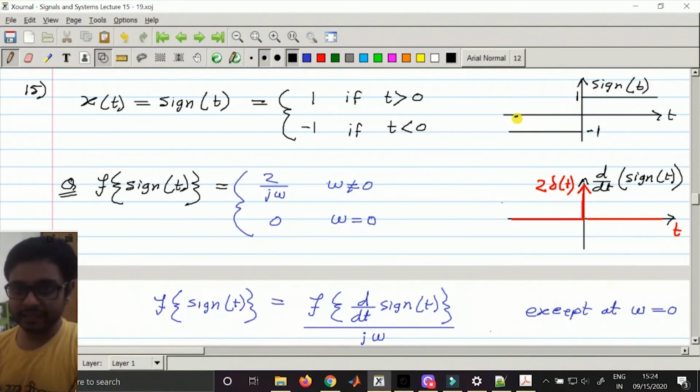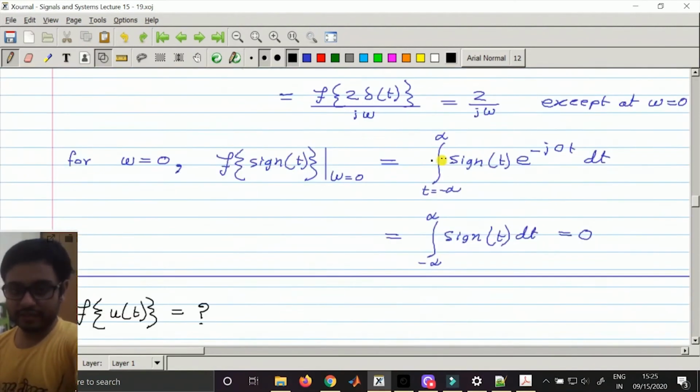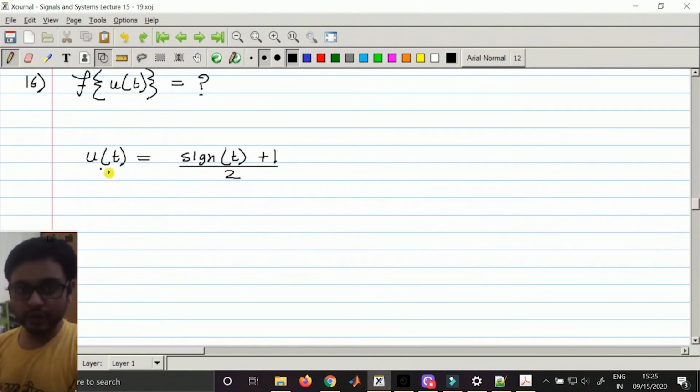If you add a constant 1, that means 1 for all time, then before t equal to 0, plus 1 minus 1 will cancel and become 0, and after t equal to 0, 1 plus 1 will be 2. That signal will be 0 here and then go up to a constant 2 like this. If you then divide that by 2, you will get the unit step signal.